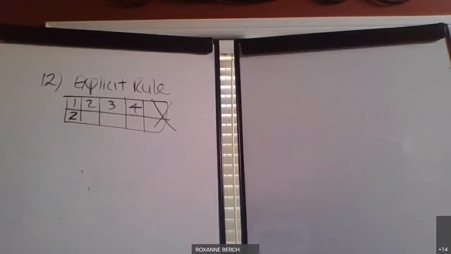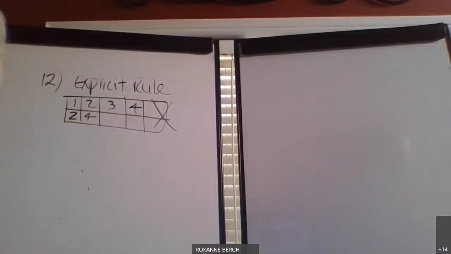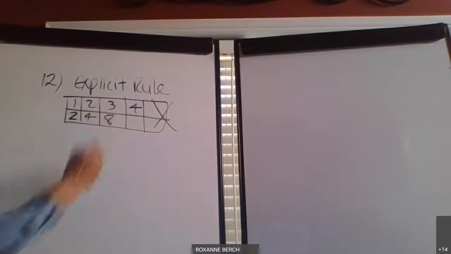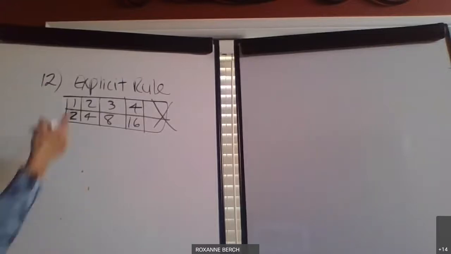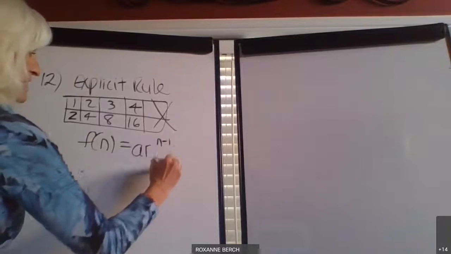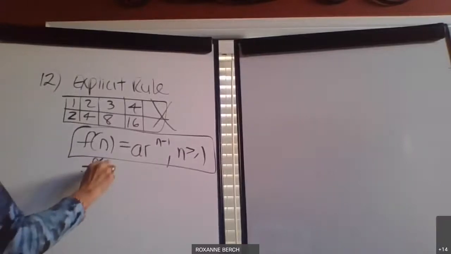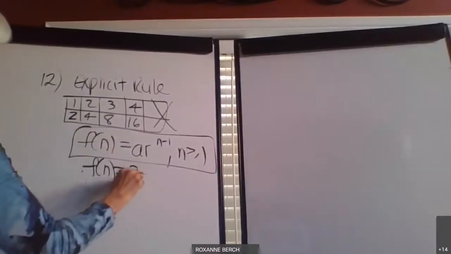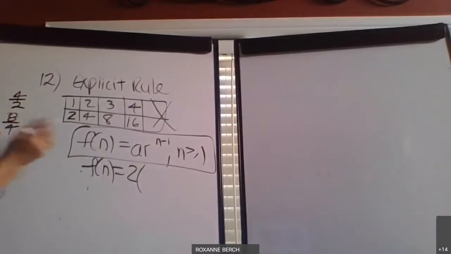And what would the next term be? 4. And the next term? 8. And the next term? 16. So if you were going to write the explicit rule, it would be f of n is equal to 2 times r to the n minus 1, where n is greater than or equal to 1. Your rule would be, the first term is 2 times the common ratio, which we have to find: 4 divided by 2, 8 divided by 4, 16 divided by 8, so r is equal to 2.